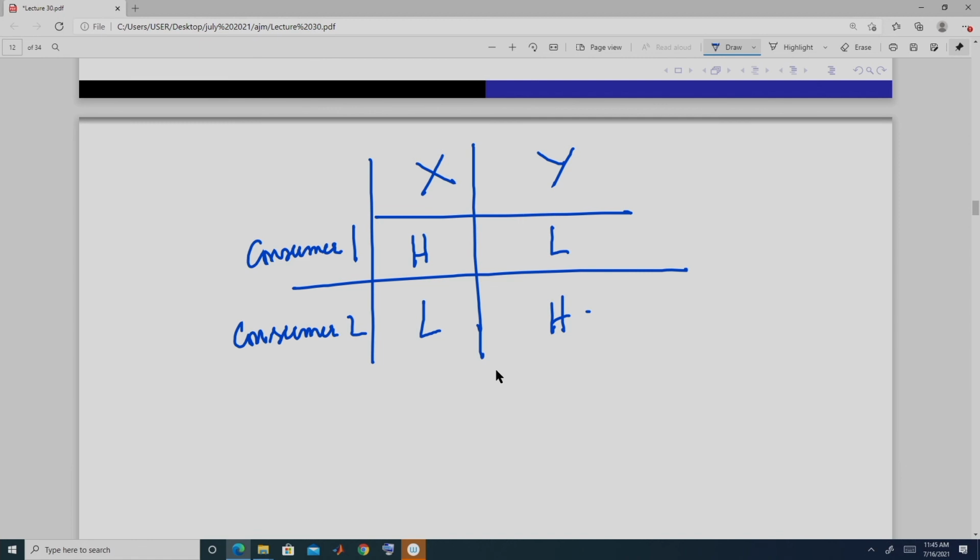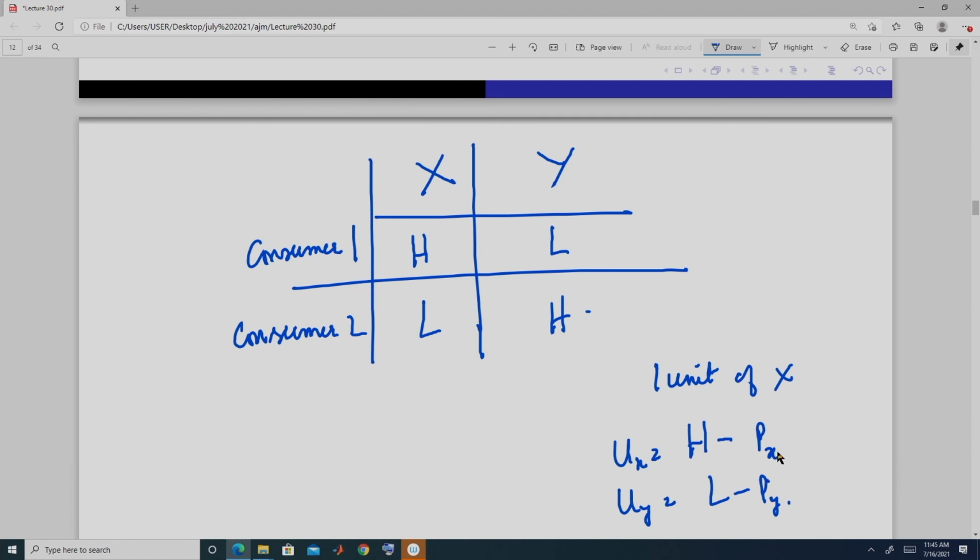My objective here is to give you the idea, not do the actual calculation. So, these are valuations. If consumer 1 buys 1 unit of X, the utility it gets is H. Net utility is this minus P X, and the utility it gets from Y is H minus P, like this. Okay.